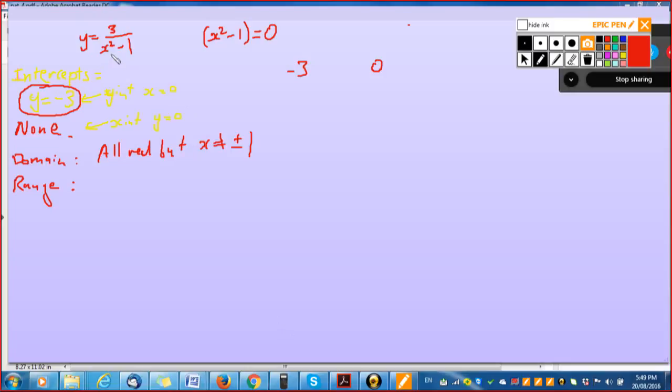Yep, X equals minus 1. So what I'm saying is, can you have a value for Y that's greater than minus 3 but less than 0?